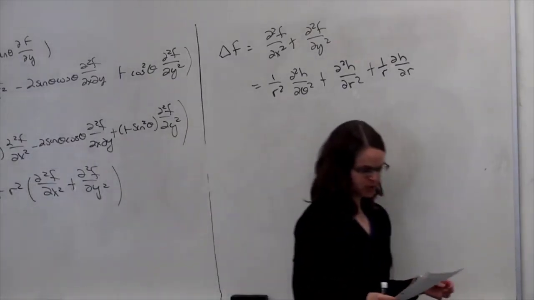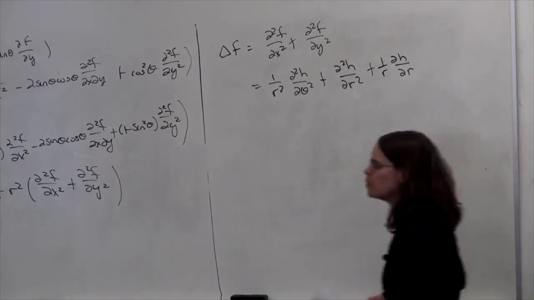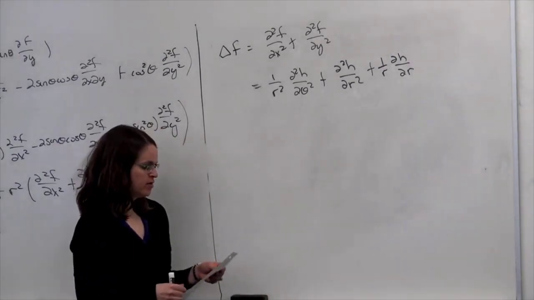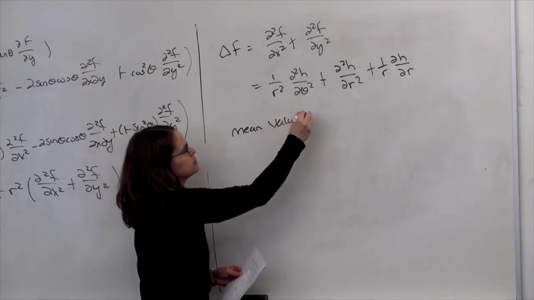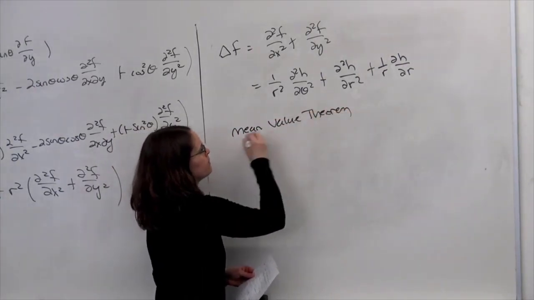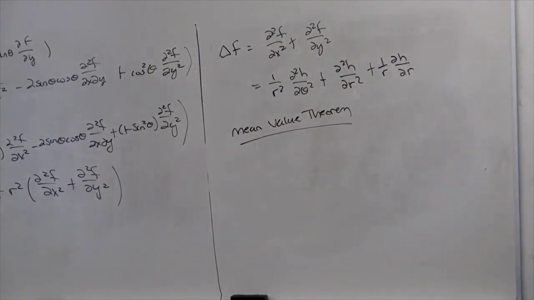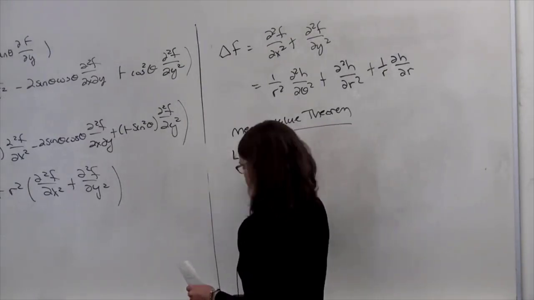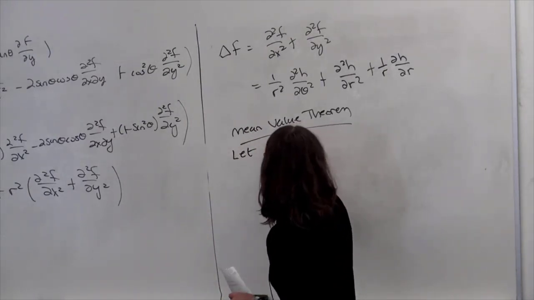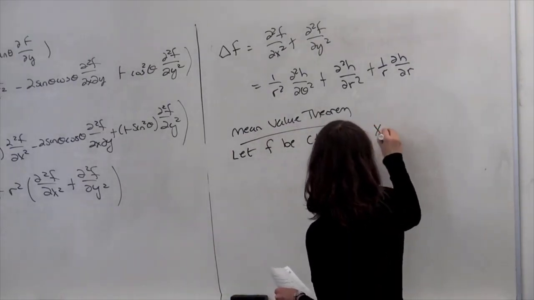What else can we do with differentiable functions? We can have a mean value theorem. That was something that we liked a lot in 1D, and it makes sense to try to extend something like this. So mean value theorem. So let's suppose that f is continuous at 2 points in Rn.